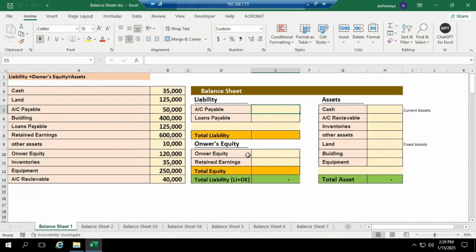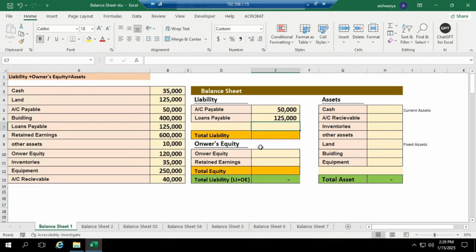Okay, so is equal to, you just select this particular cell and then press enter. So now 50,000. And then loans payable. Loans payable is 1,25,000. So is equal to loans payable, you select 1,25,000 and then press enter.